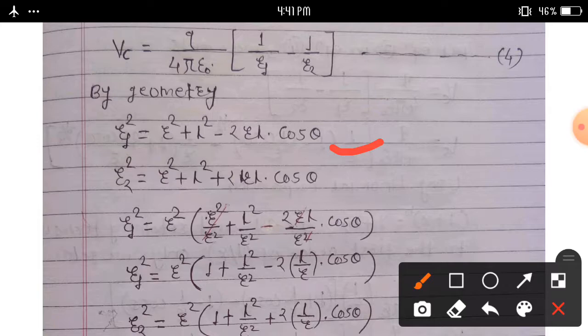Then we can write r1² is equal to r² into (1 + l²/r² − 2l/r cos θ).